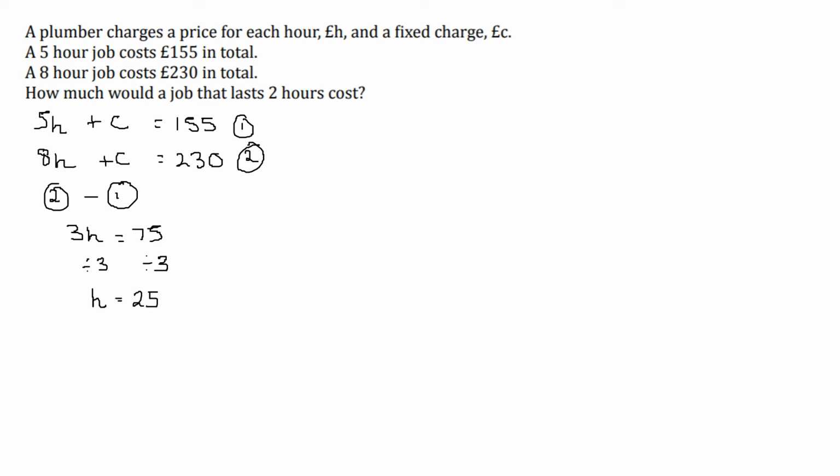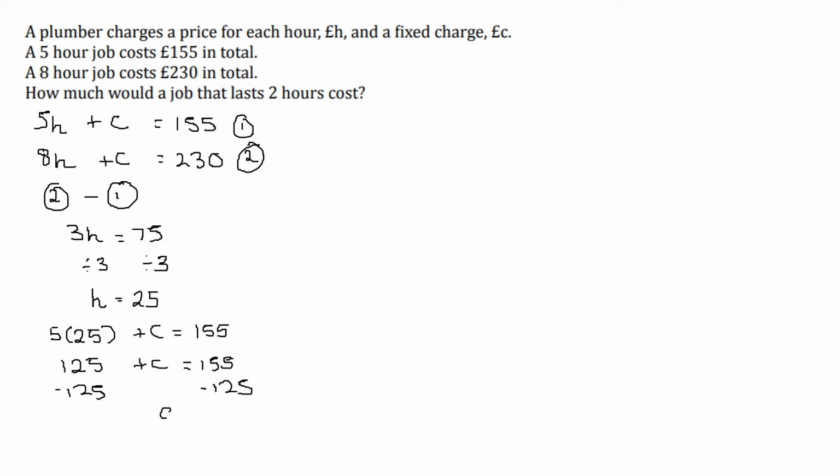Now let's substitute that value of h into equation 1. So 5 times 25 plus c is equal to 155. So if we multiply out that bracket, we're going to get 125 plus c is 155. And then let's subtract 125 from both sides.